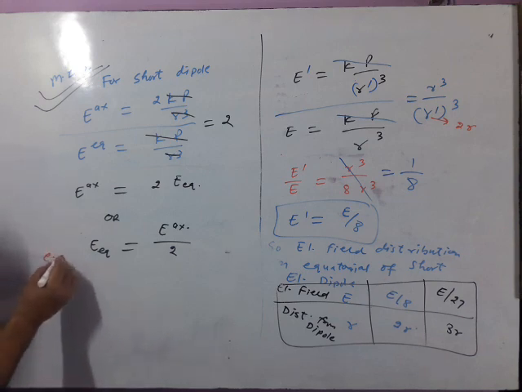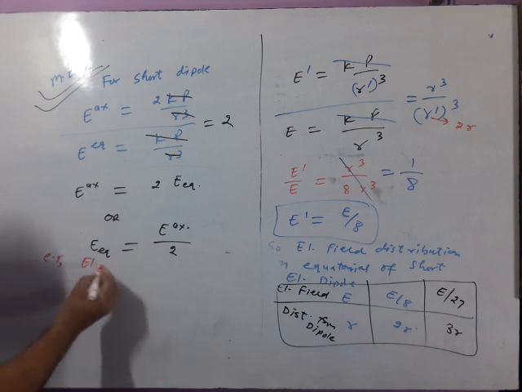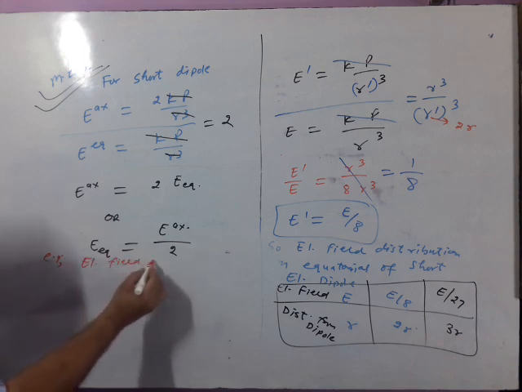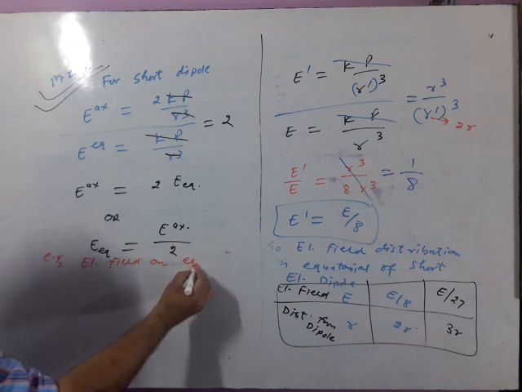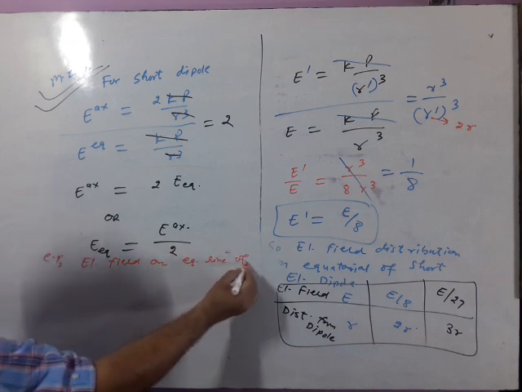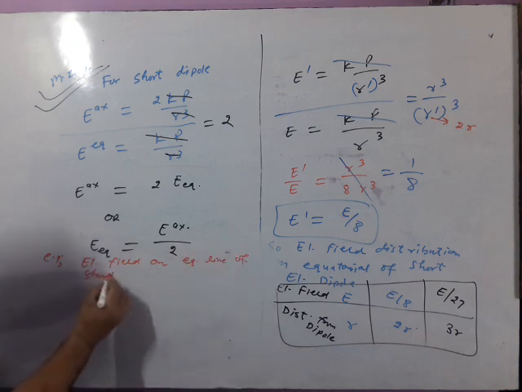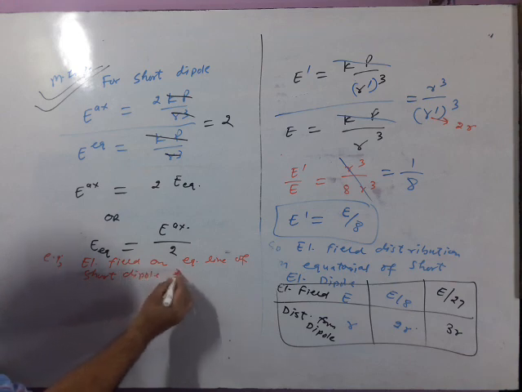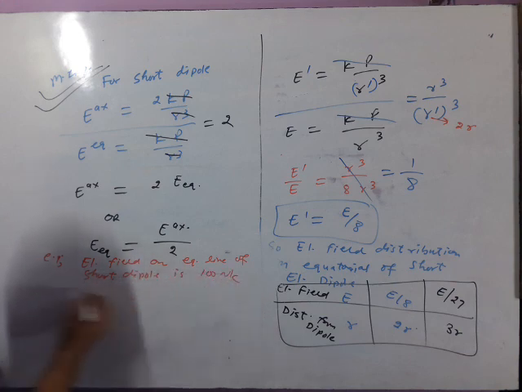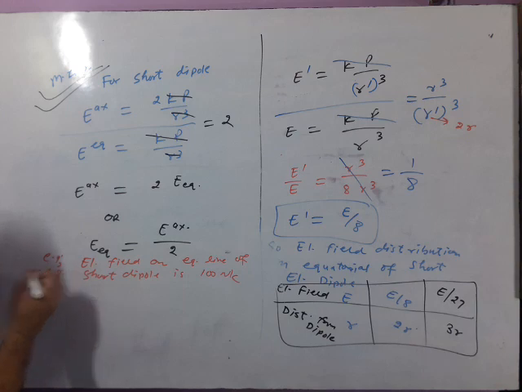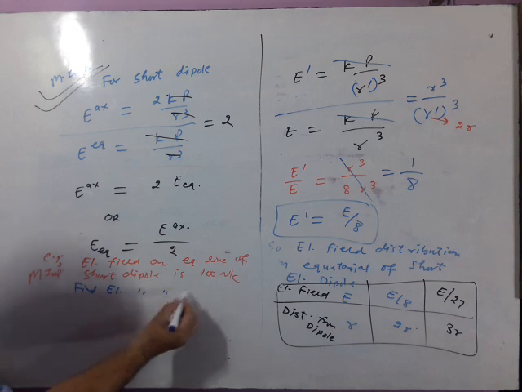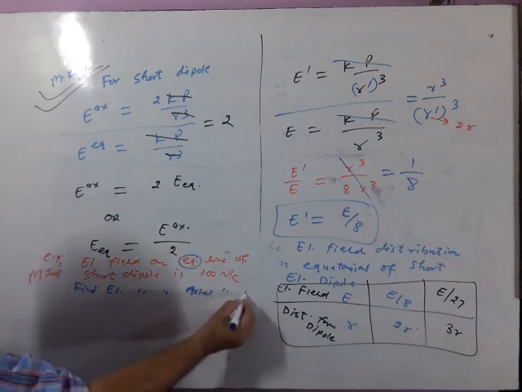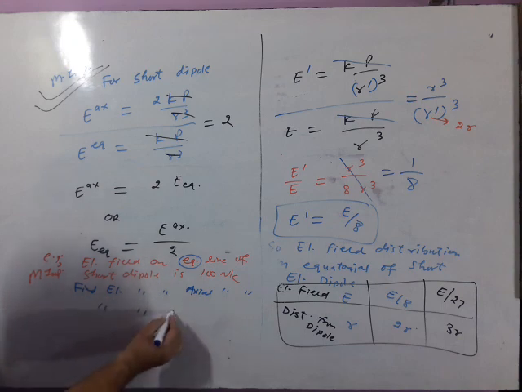For example, he may say the electric field on the equatorial line of a short dipole is 100 Newton per Coulomb. Now find the electric field on, in place of the equatorial line, he will say the axial line of a short dipole.